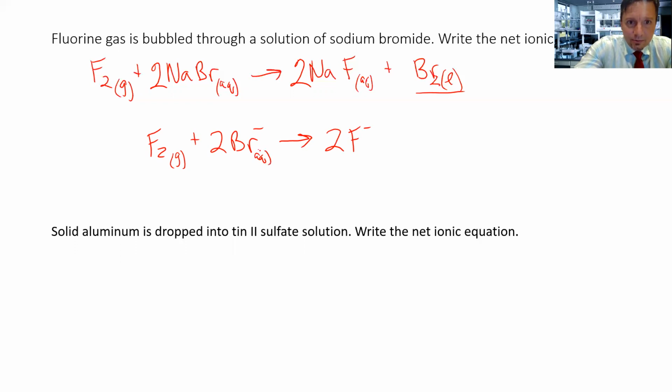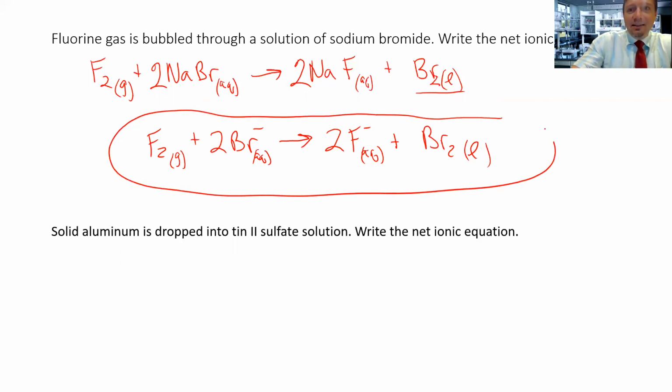This was aqueous. This is aqueous. Plus Br2, and that is liquid. And this right here is my net ionic equation. It shows how, in fact, that is produced. And that's why you had to show the fluorine and the fluoride ions. You don't care about the sodium because it's a spectator, but this is directly involved in the production of that bromine. So that's why you have to show that.